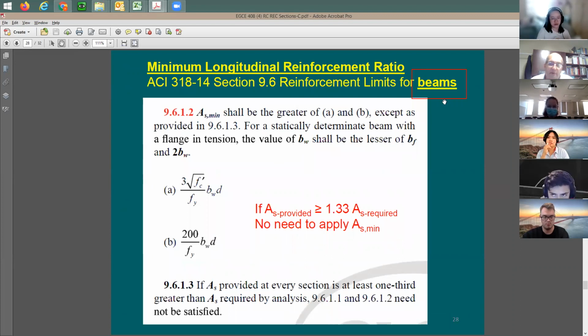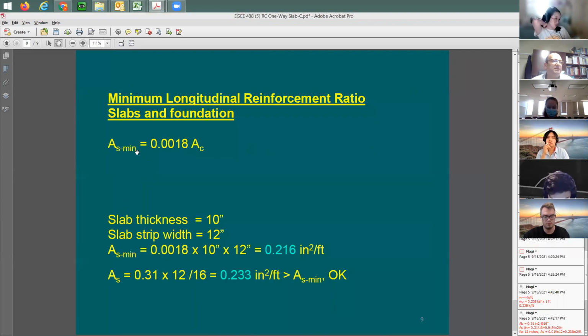And we said that this is going to be only for beams. I say, how about for slabs? How do you find out the minimum reinforcement for slabs? Do you use the same two equations? I can say no. For slabs, I'm going to be using this equation here, also from the code.